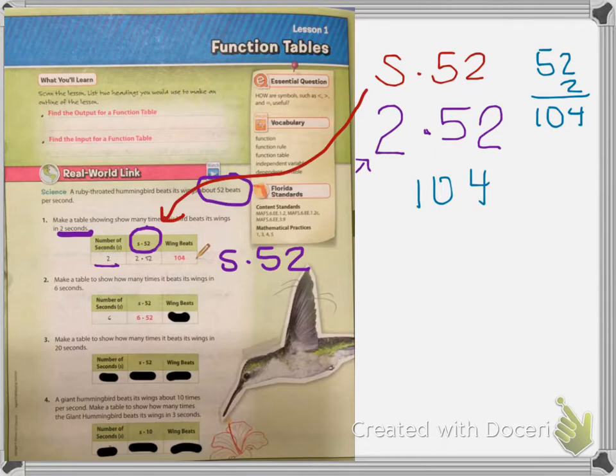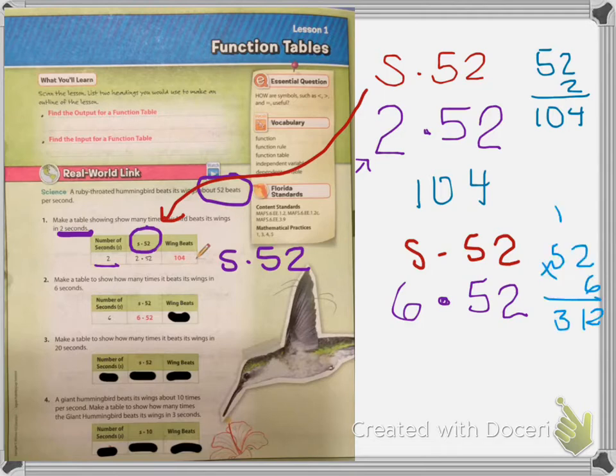So again, you'll be starting with S times 52, as you were. Then we're going to substitute the 6. So it'll be 6 times 52. Then you'll do the multiplication out to the side. And then you're going to go ahead and get your answer, which is 312.